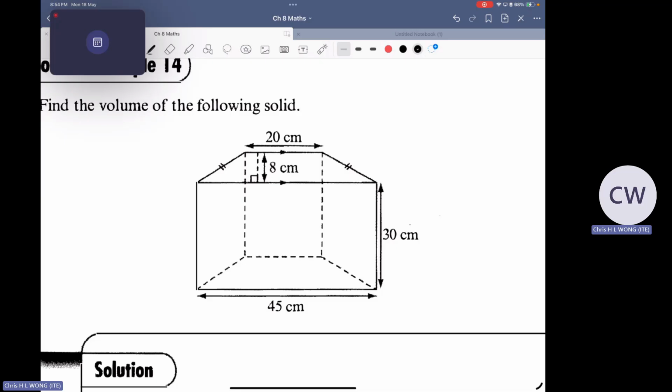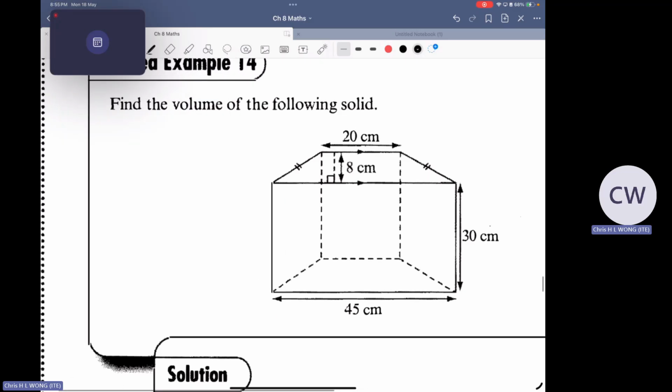Okay, let's do this. The first thing I need to do is to find the area of the trapezium. Area of trapezium equals half, always write down the formula first, half times (A plus B) times the height.